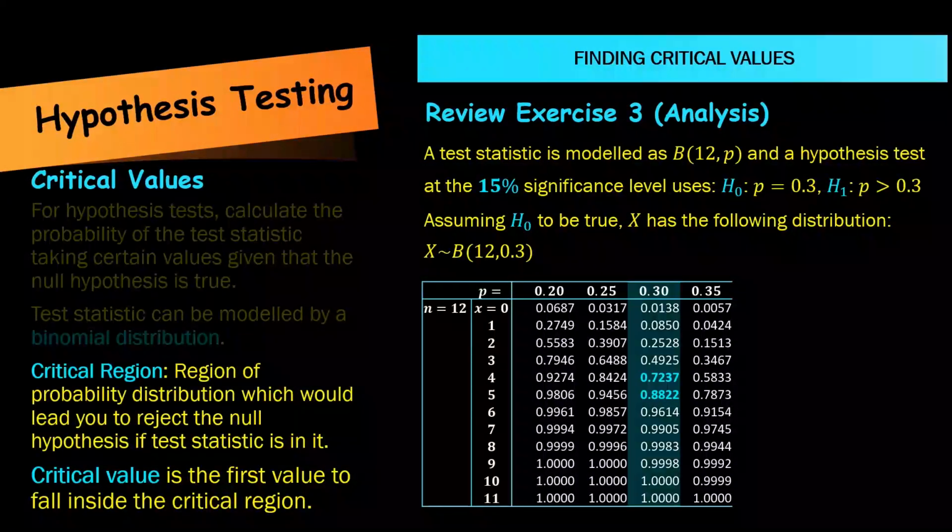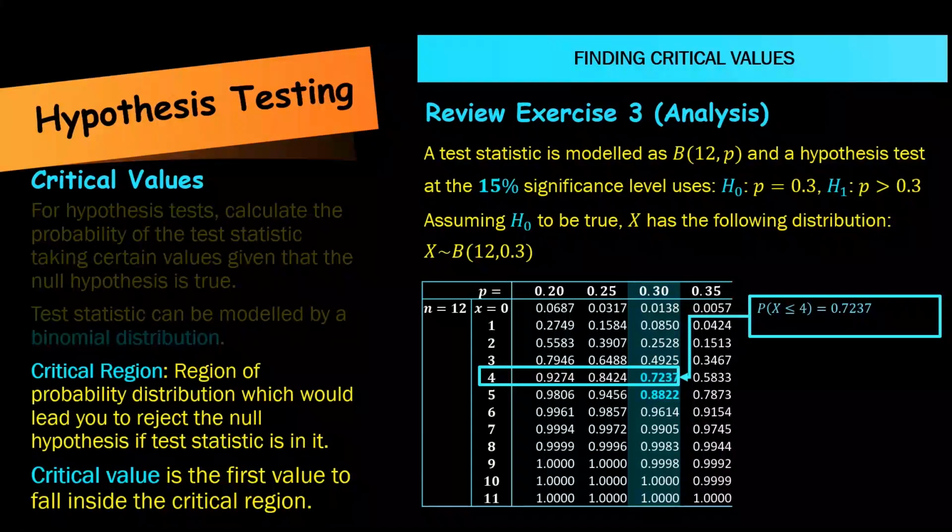So we've highlighted the column with p equals 0.3. Notice within that column there are two values which have been highlighted in red and bold. The first of these is 0.7237. Probability x less than or equal to 4 equals 0.7237.